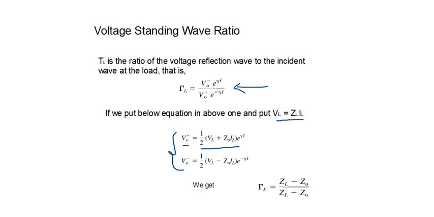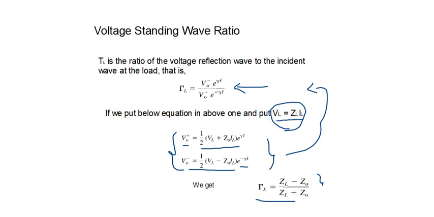And in the same way V0 minus is equal to 1 by 2 into VL minus Z0 into IL, into e raised to minus gamma L. So altogether, if we put these in the equation of reflection coefficient, with VL equal to ZL into IL, then we get the reflection coefficient gamma equal to ZL minus Z0 upon ZL plus Z0.